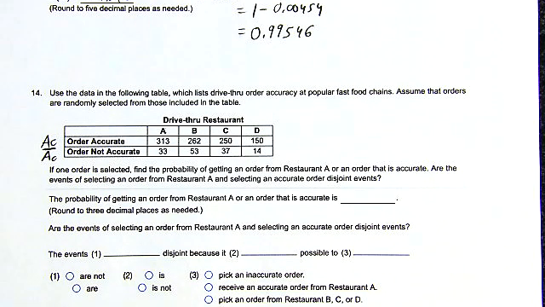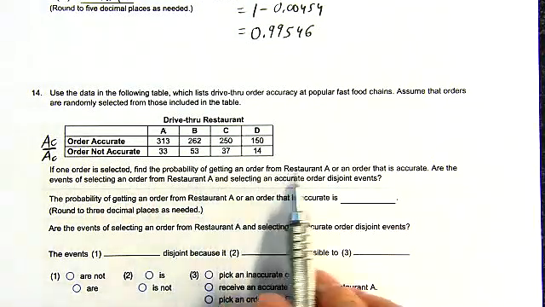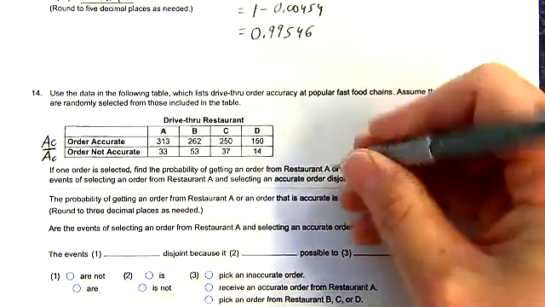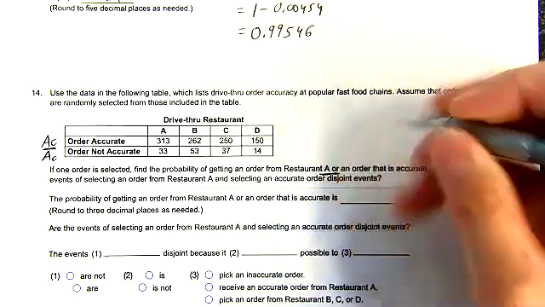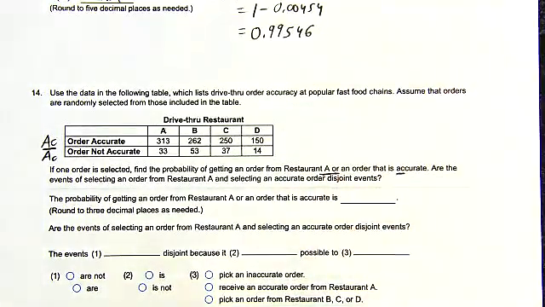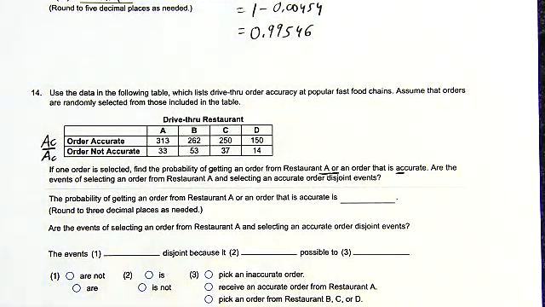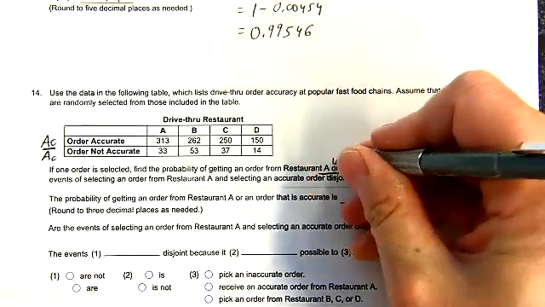Okay, now it asks, if one order is selected, find the probability of getting an order from restaurant A or an order that is accurate. So we want A or accurate. The way you would write this in probability is this. Or is the union symbol.